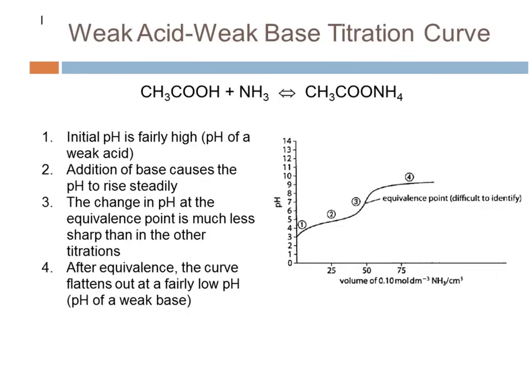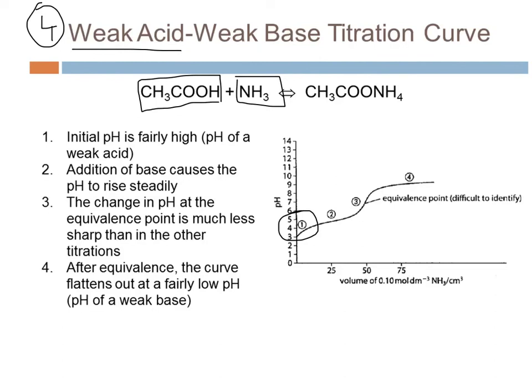The last scenario is if we've got a weak acid and a weak base, such as ethanoic acid and ammonia. Now this curve is quite different. It looks much shorter. It's very hard to define. So let's go through each point again. We're starting at a fairly high pH because of the weak acid.